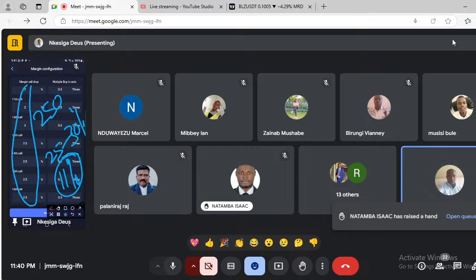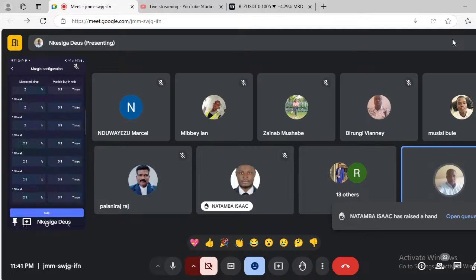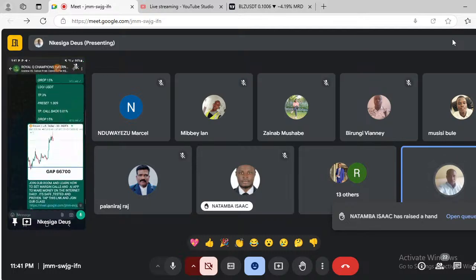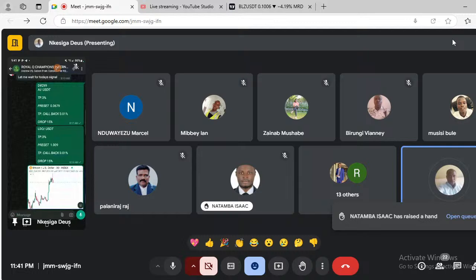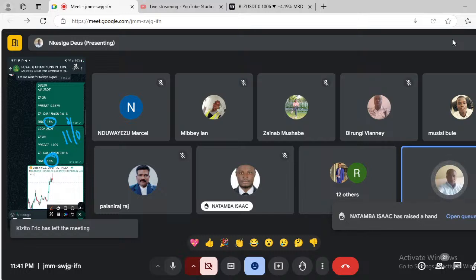Let us have enough margin calls, even though the signal is saying what? It's saying we are getting only a 15% drop. Don't mind about the 15% drop, ladies and gentlemen. The 15% is like the 11% we have measured. You get the point? On the coin, we have measured 11%, that the coin can simply drop 11%.